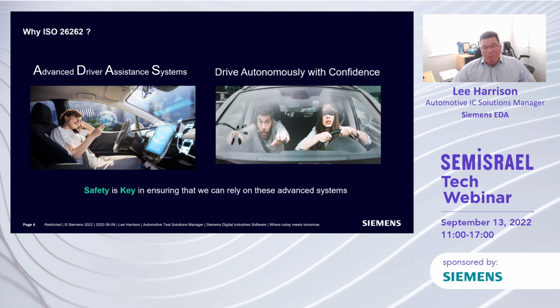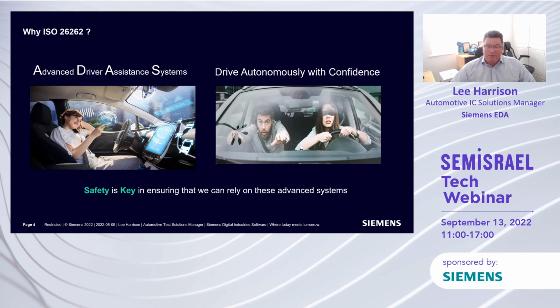And one of the real key reasons for having standards like this is because with the onslaught of technology within your vehicle today, none of us really want to have a system which is taking over the driving functions of our vehicle, either the advanced ADAS systems or maybe in the future the full autonomous driving functions, without them being 100% safe.